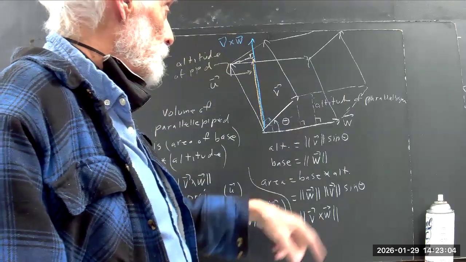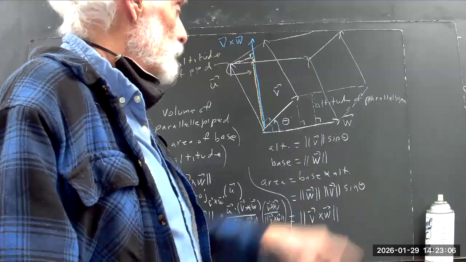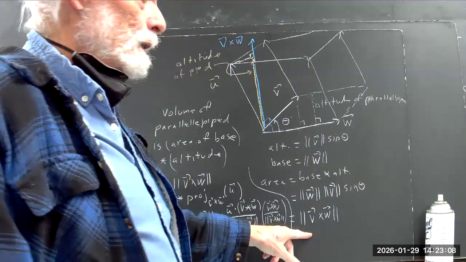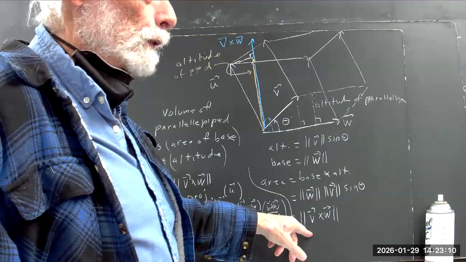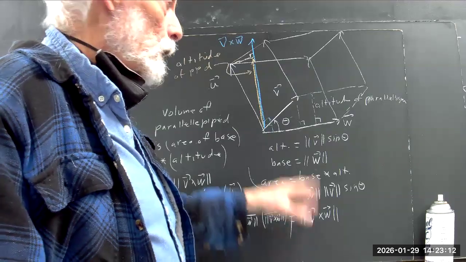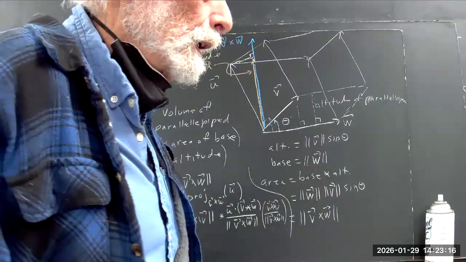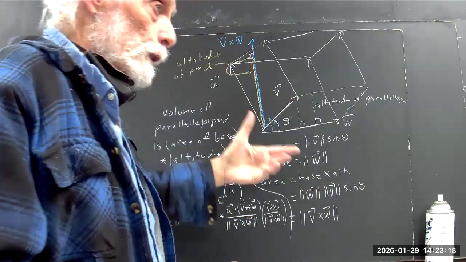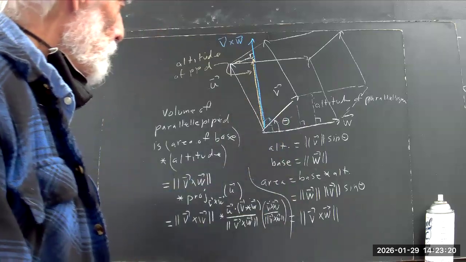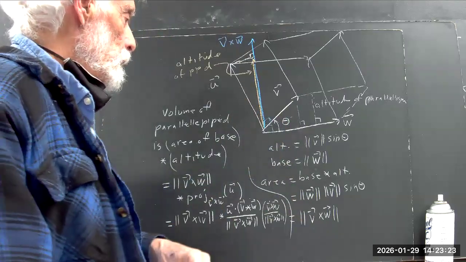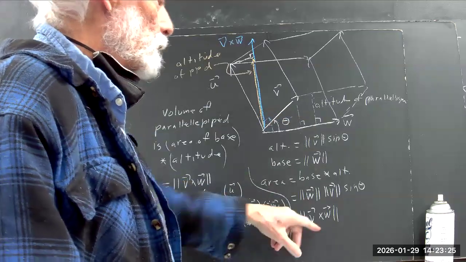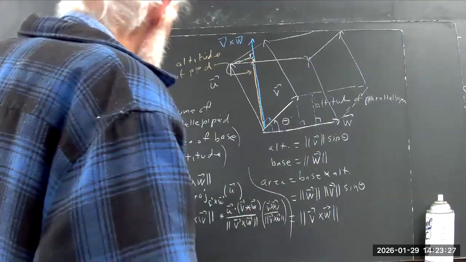Area is base times altitude, so it's this times this, and coincidentally, that's just the definition of the magnitude of v cross w. You don't care what direction it's in, you're just looking for the area. The area doesn't have a direction, although the thing can have an orientation, and we'll talk about that later. So there's your magnitude. Area of the base is magnitude of v cross w.